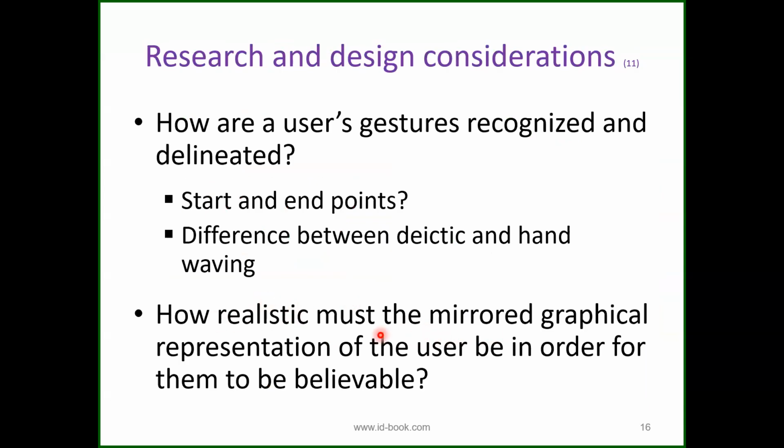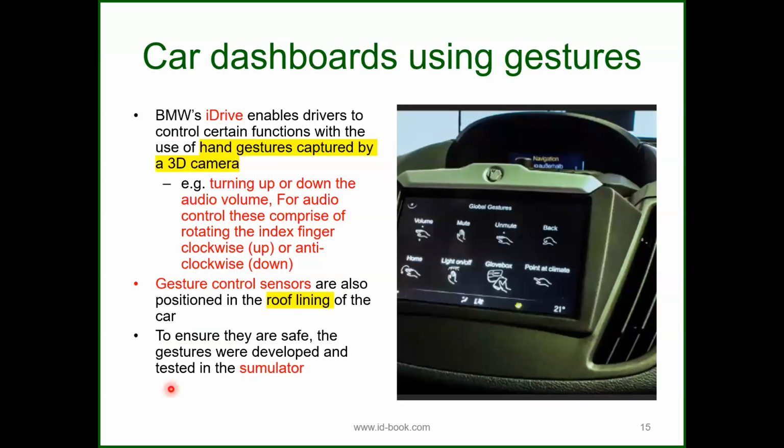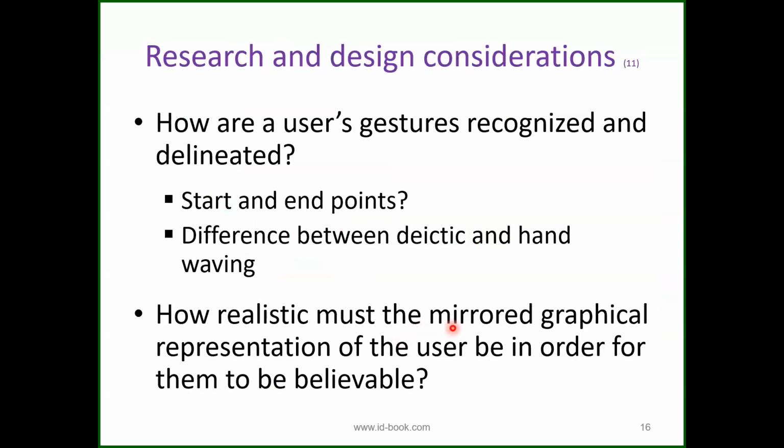So how realistic should the mirrored graphical representation be in order for them to be believable? For example, he's making the hand like this, so the mirror image is the stop. How realistic should it be, so that when he shows the hand, the display of the device shows the same sign?